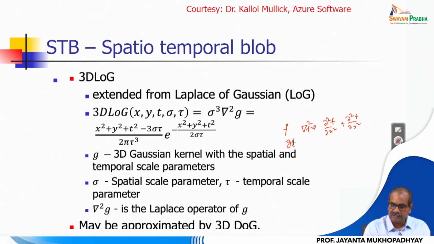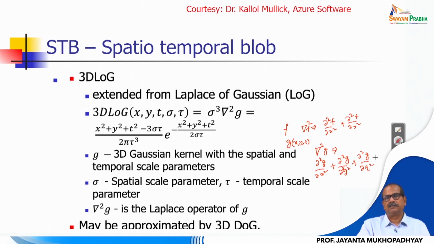Similarly, in 3 dimensions, since this is a function of x, y, t, the Laplacian would be ∂²g/∂x² plus ∂²g/∂y² and so on. So all second order partial derivatives with respect to every independent dimension, and then you are taking the sum of them. That is a scalar value, the Laplacian value, as you can see at a point it's a scalar value.